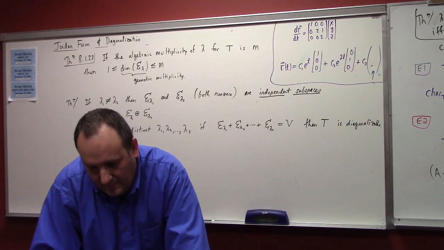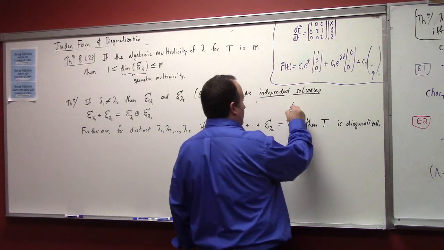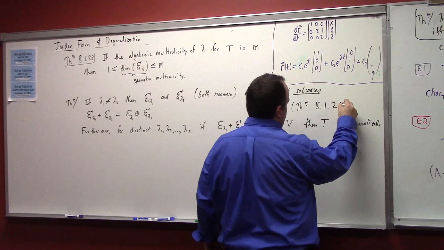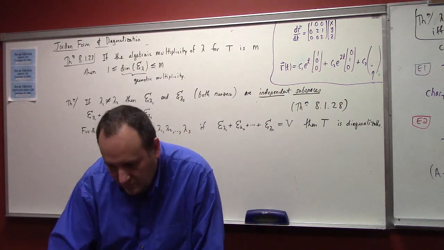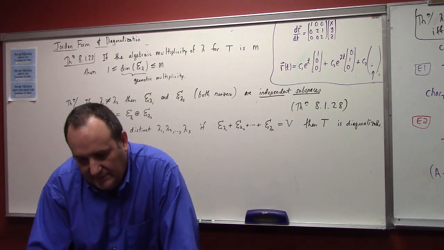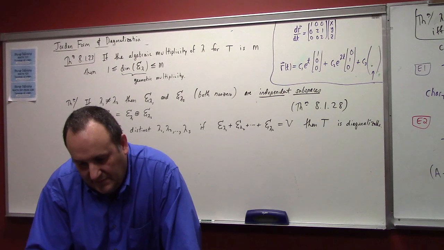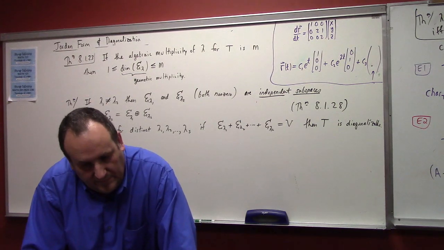So if you look at theorem 8.1.28, that is a more full statement of what I'm writing on the board, and that's on page 228. Basically, what I say there is simply this: T is diagonalizable if and only if V is the direct sum of eigenspaces for T.